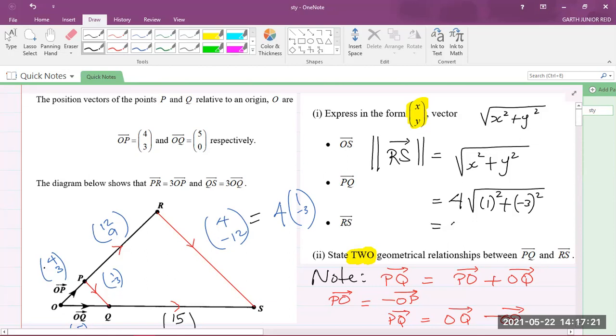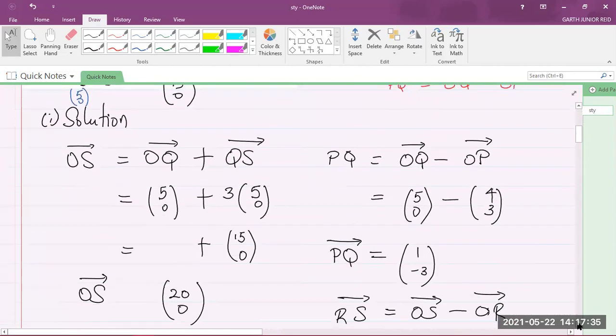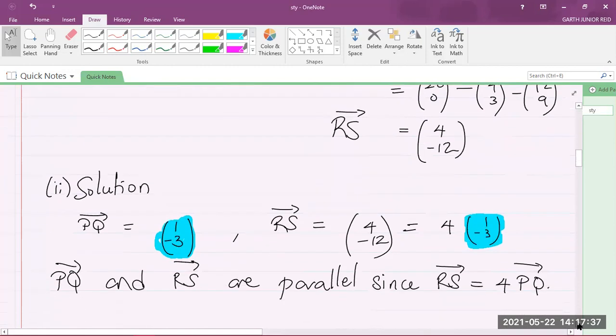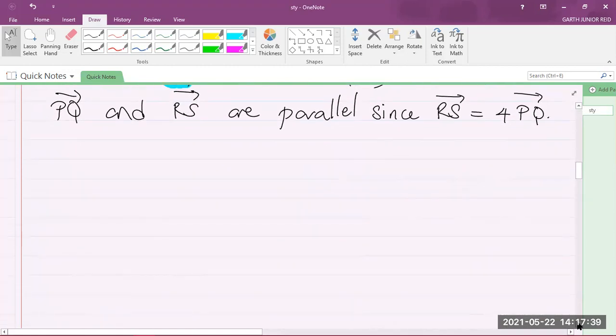This is going to give 4 square root of 10. That is the magnitude or the length of the vector Rs. Let's write that here. The magnitude of the vector Rs is equal to 4 root 10.